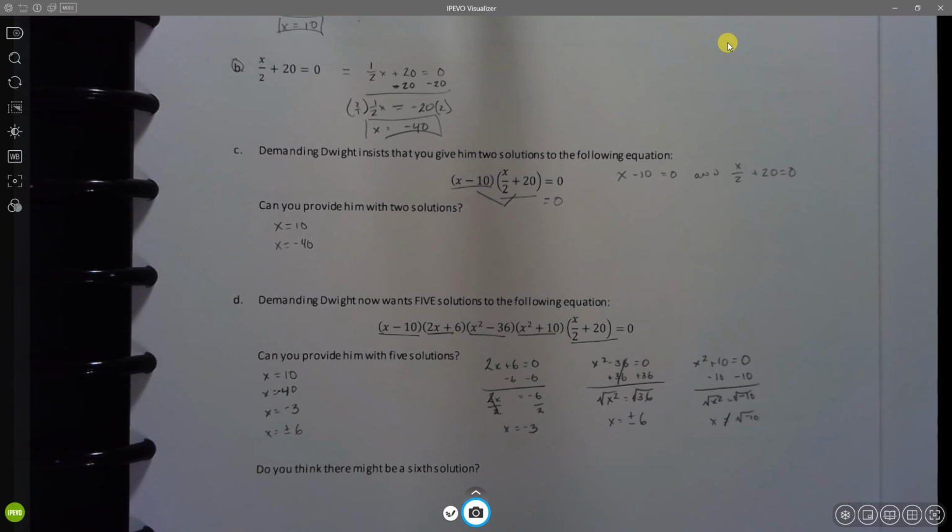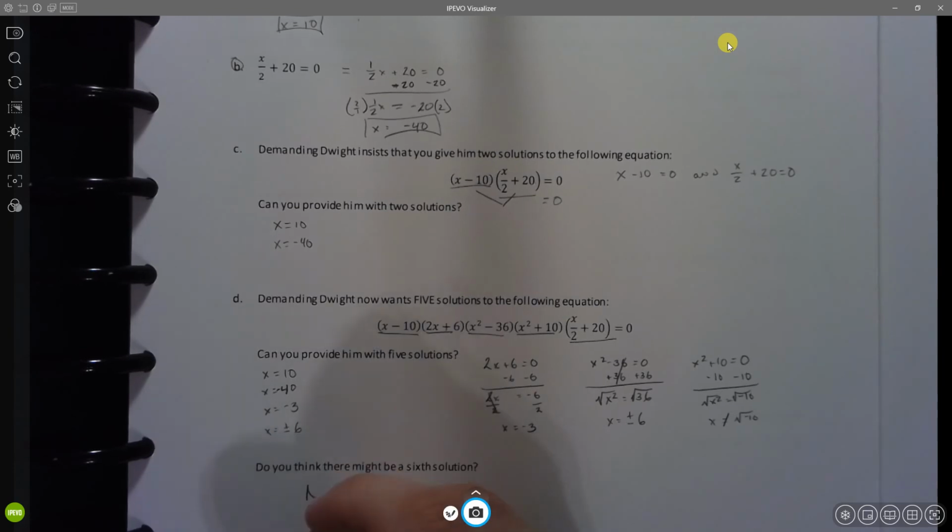No solution whatsoever. Doesn't work. It's not possible. X cannot equal the square root of a negative 10. Does not work. Yes, I know it looks perfect, but there is no way x can equal this negative square root of 10. All right? So do you think there might be a 6th solution?